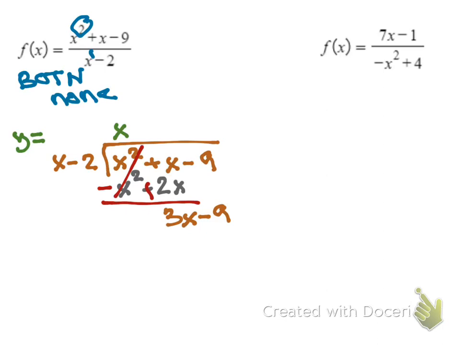X goes into 3x 3 times, so plus 3. And then we can stop because we know there's going to be a remainder. We're not interested in that. But the equation of our oblique asymptote will be y equals x plus 3.